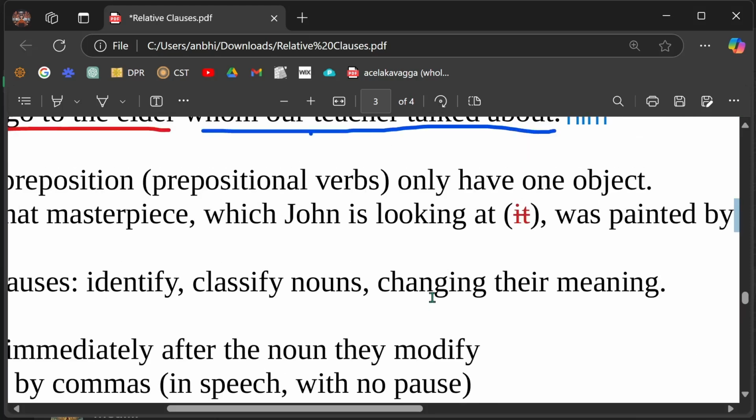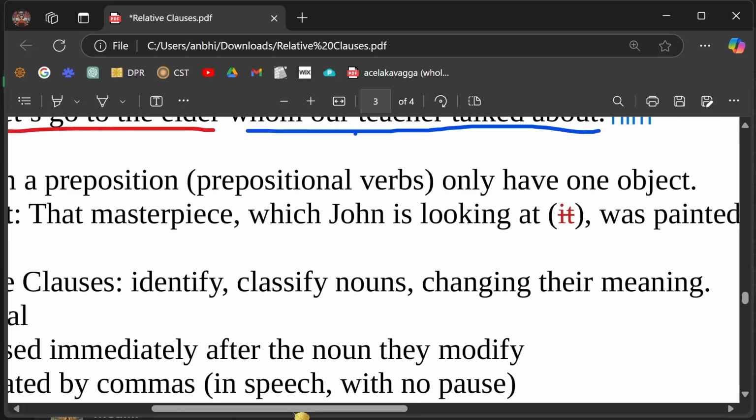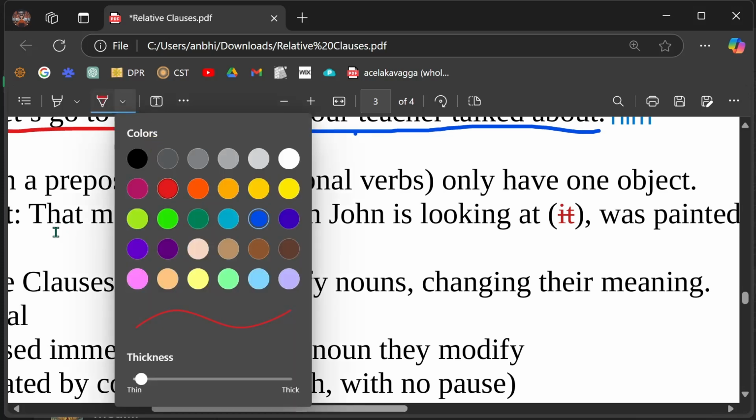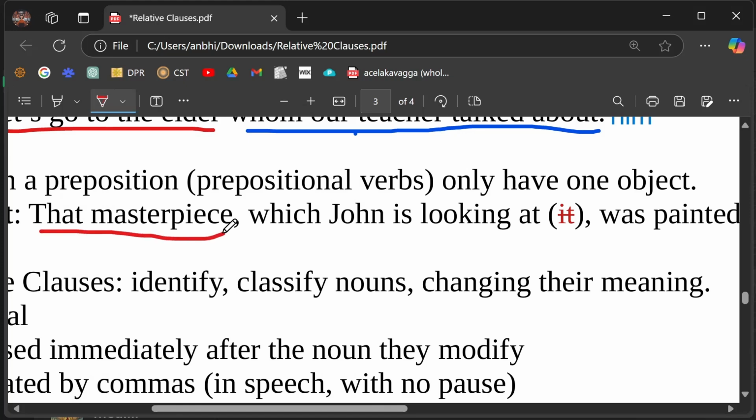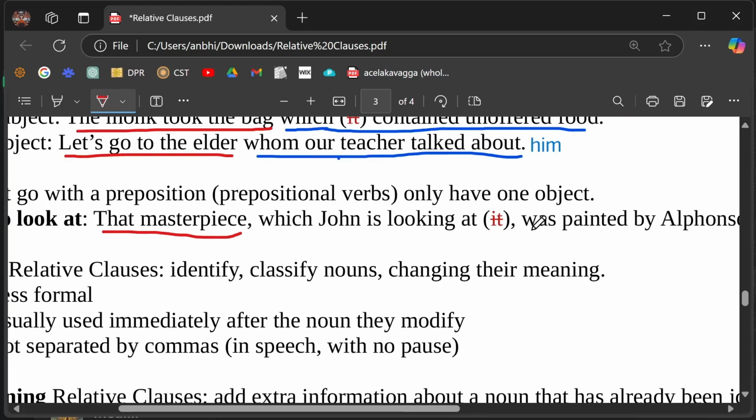What? That masterpiece. Masterpiece. It is dependent or independent? That masterpiece was painted by Alphonse Mucha. This is our independent main clause. It could be by itself. You can just say that masterpiece was painted by Alphonse Mucha.